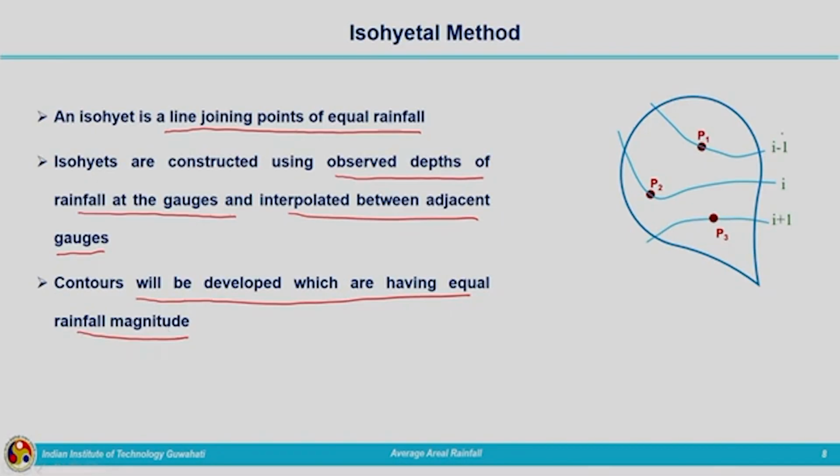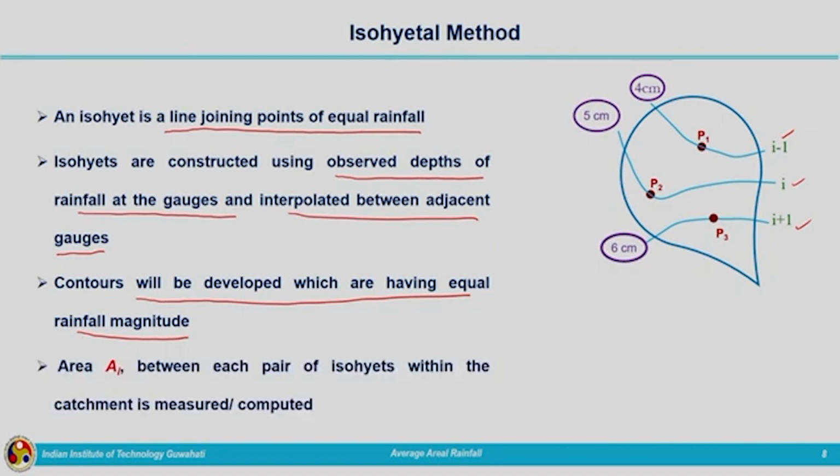That I am representing by means of the notation i minus 1, i, i plus 1. Let the first contour, the i minus 1 contour, represent a rainfall of 4 centimeter, the ith contour represent 5 centimeter rainfall, and the i plus 1th one represent 6 centimeter rainfall. Now, Ai is the notation which I am using for the area between each pair of isohyets within the catchment.